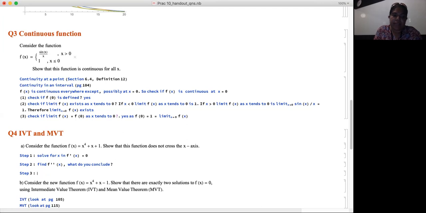Okay, solve for x in f dash x equals 0. What is f dash x? What's the expression for f dash x?